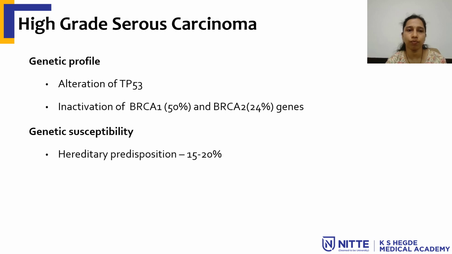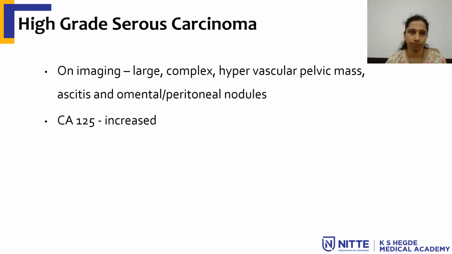In genetic profile, it is known to have alteration in P53 mutation, which can be confirmed by immunohistochemistry, and inactivation of BRCA gene can be seen in 50% BRCA1 mutation and 24% BRCA2 mutation. So hereditary predisposition is seen in 15 to 20% of patients. That is mainly BRCA mutation.